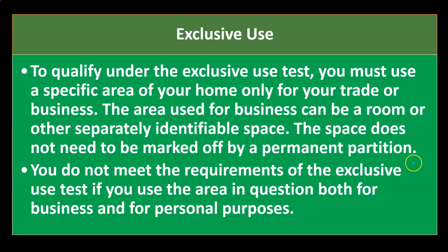You do not meet the requirements of the exclusive use test if you use the area in question both for business and personal purposes. So if you're just working in your living room and you're putting your stuff on your coffee table, and in the middle of the day and in the evening you're putting your feet on the table as you watch Netflix, then that wouldn't be exclusive use, because obviously you're using it for both business and personal.